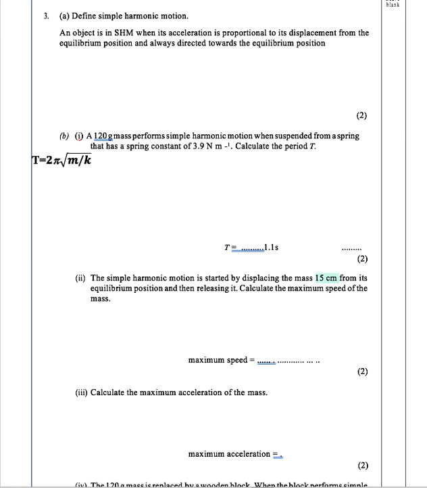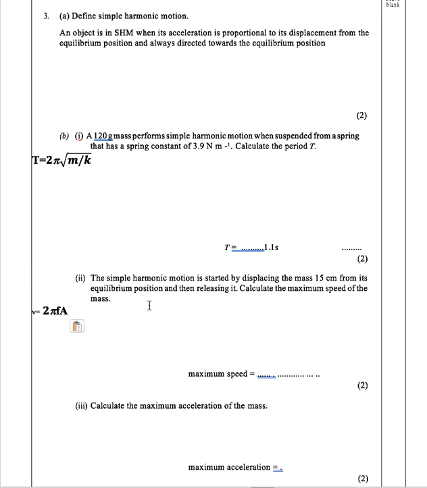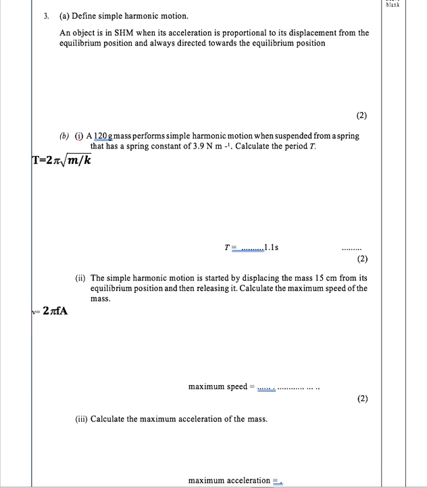And so we want the maximum speed, the maximum velocity, and we know that maximum v is 2 pi f a. So if we stick in our numbers then, we'll get an answer of 0.86 meters per second.